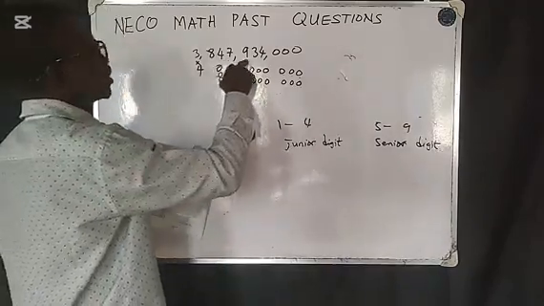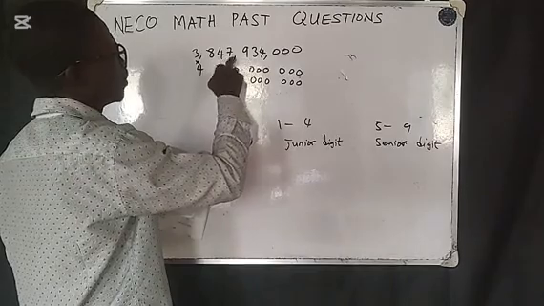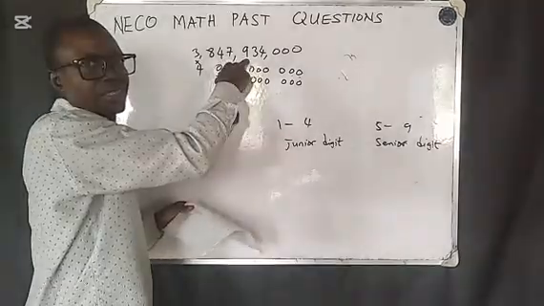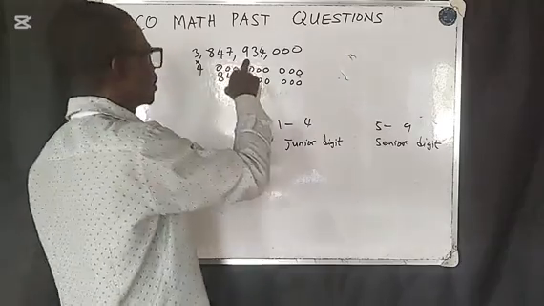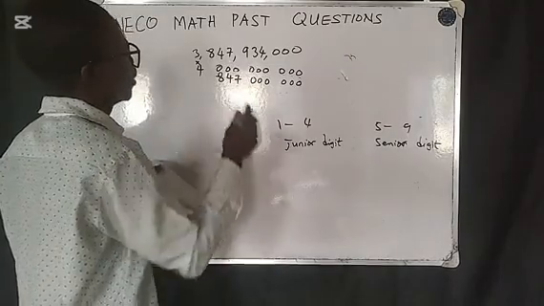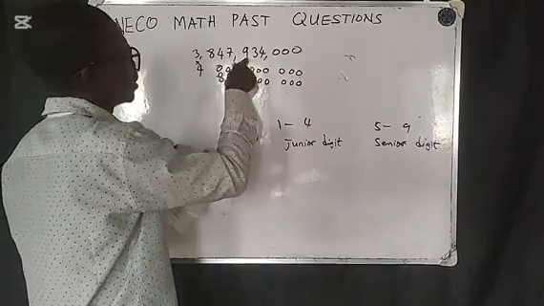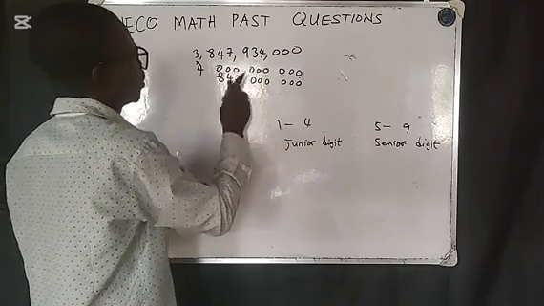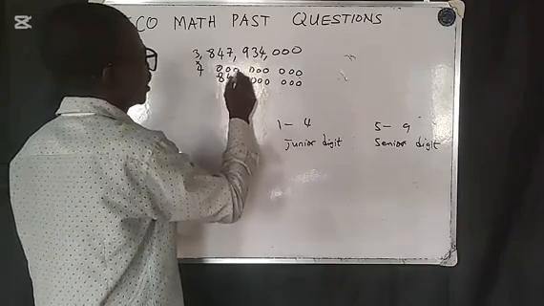Now look at this place. Before we get to our million, the digit here is a senior digit. Because it is a senior digit, we add 1 to our million. We turn this one to 0, then we add 1 to this one, making 8.